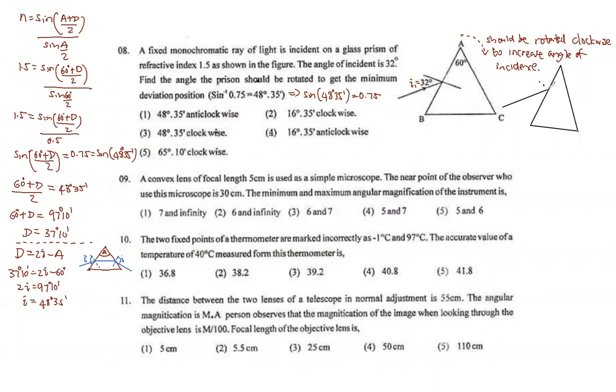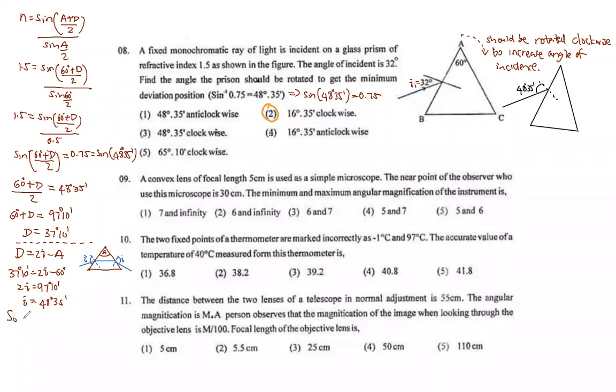See, the angle has increased from this, correct? The angle has increased to 48 35. But remember, you don't have to rotate it by the entire amount. The second one is the answer. Very good. Because it's already at 32 degrees, I need another 16 degrees and 35 minutes.